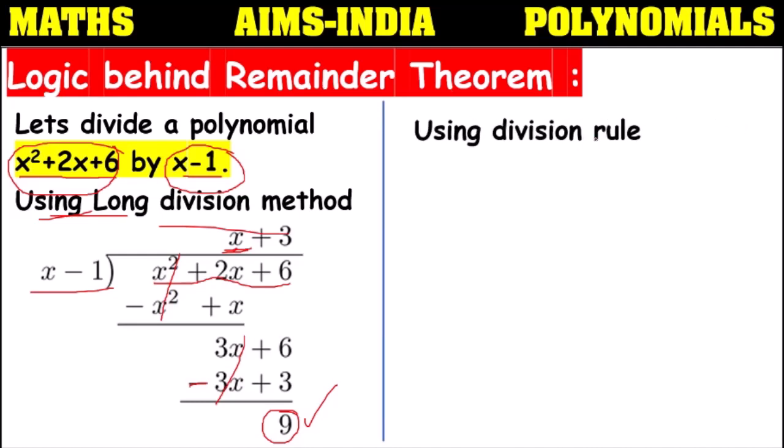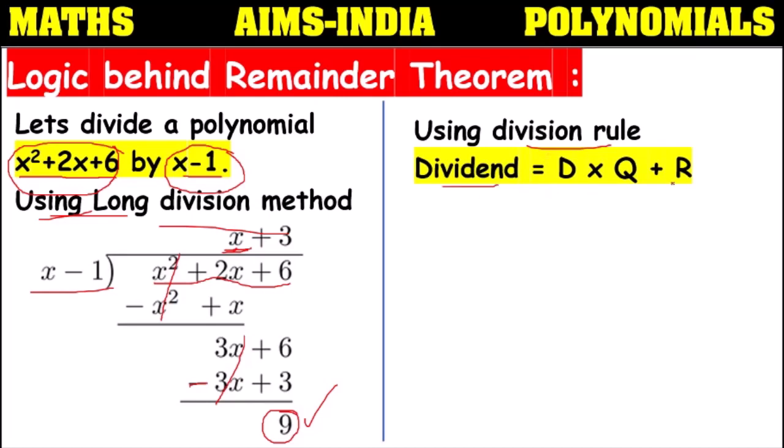Now according to remainder theorem, or using the division rule, how do we express this long division? According to the division rule, we know that dividend equals divisor into quotient plus remainder. So let's take this x square plus 2x plus 6 as p of x.